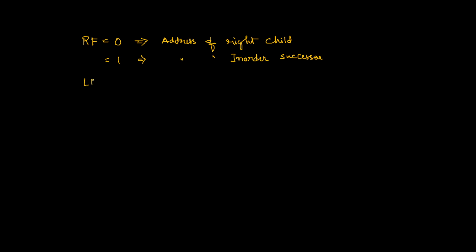Similar situation for the left flag. If the left flag is 0, it signifies the address of the left child. And if the left flag equals 1, it signifies the address of the Inorder predecessor.